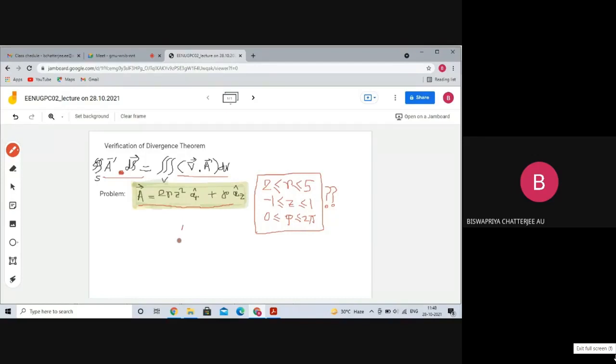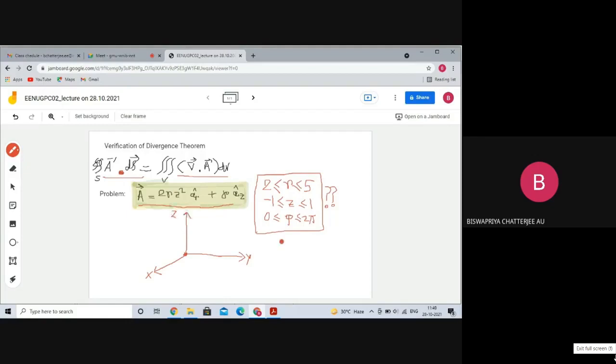So if you draw the xyz axes, this is x, this is y, this is Z.